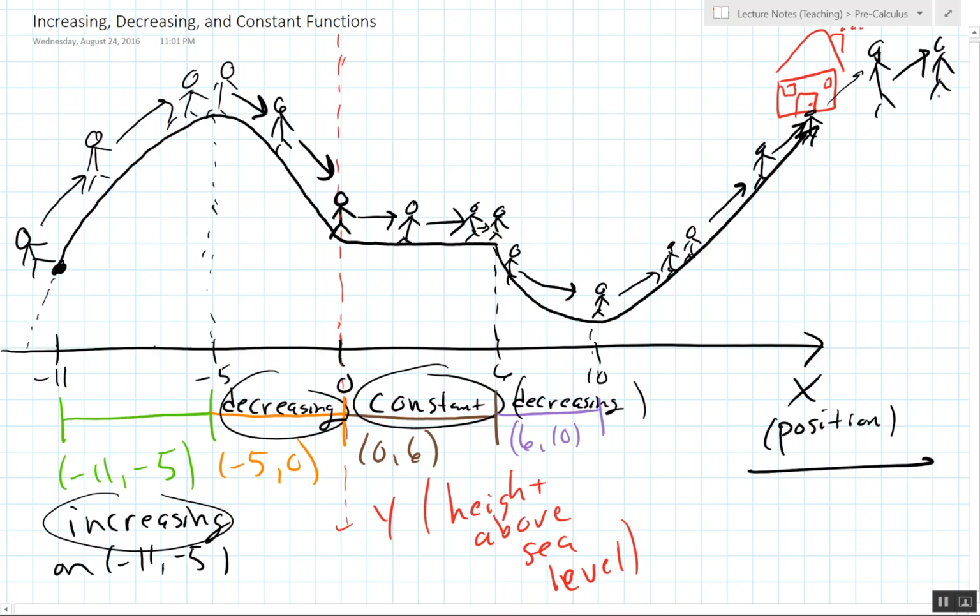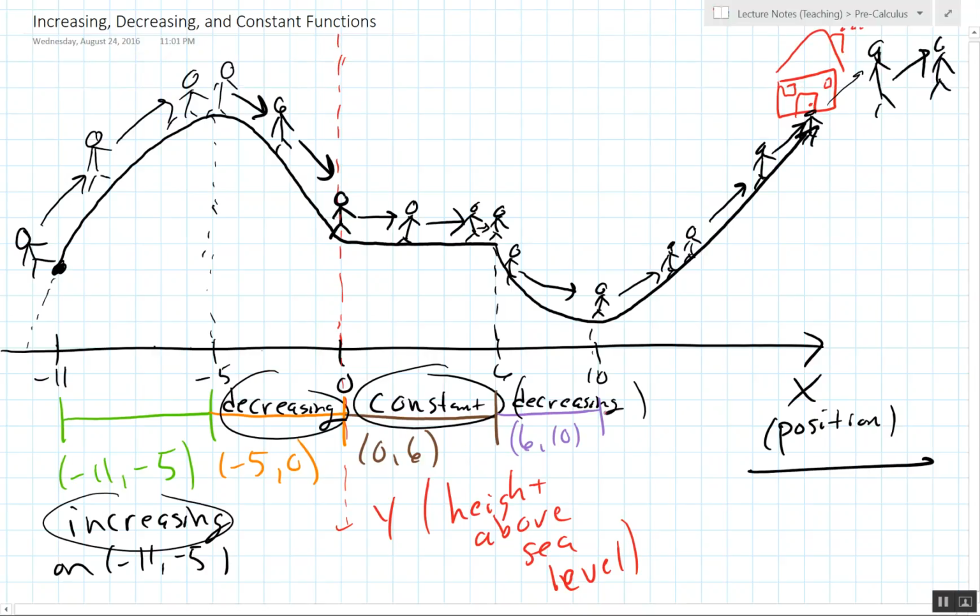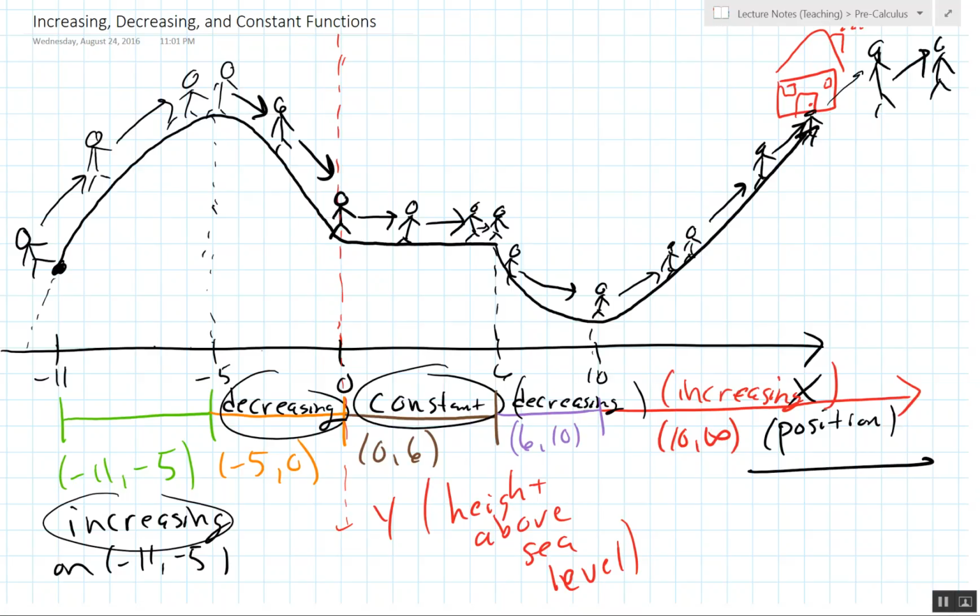So from, let's do red, from 10 to infinity, we're going to say that this person is increasing in height. Of course, in real life, there would be some peak, but since this is the theoretical math graph, we can assume that this person is going to climb this hill forever and ever unless this person stops walking.